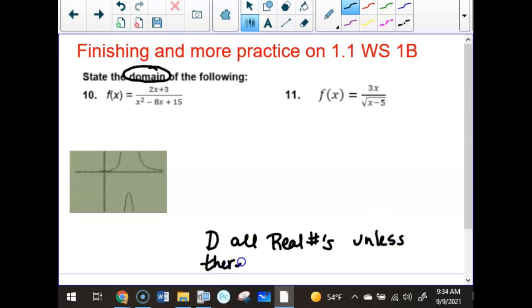Anybody remember what they are? If there's a denominator, the denominator cannot equal 0. Okay, there's an x in the denominator. Everybody knows what denominator means, right? If there's something in the denominator at the bottom, that cannot equal 0.